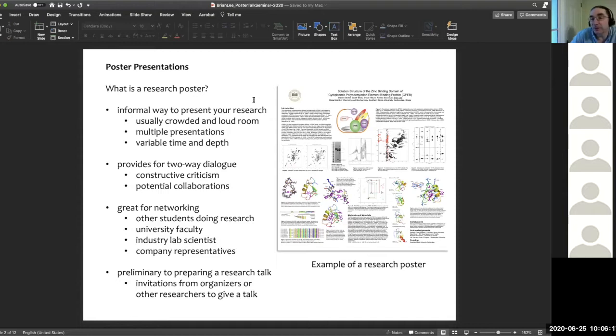So it's a good way to practice giving a presentation. But it's a little bit informal because the timing of the presentations is going to be variable. It'll depend upon the questions that are asked, how deep you go into your presentation, and how interested your audience is.